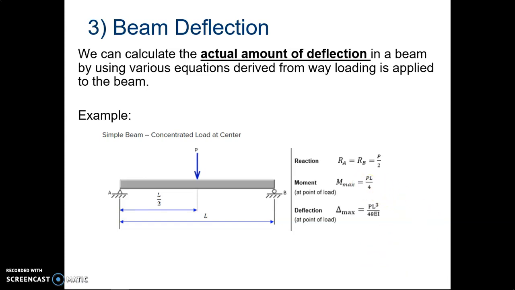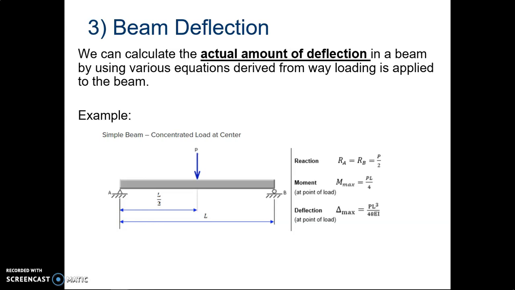Remember we did inertia before? It's like the resistance to change of an object. So you can imagine an object with a larger inertia would deflect less. And inertia is measured in inches to the fourth, which is why you have to make sure that L is measured in inches and E is in PSI, just to keep it apples to apples.